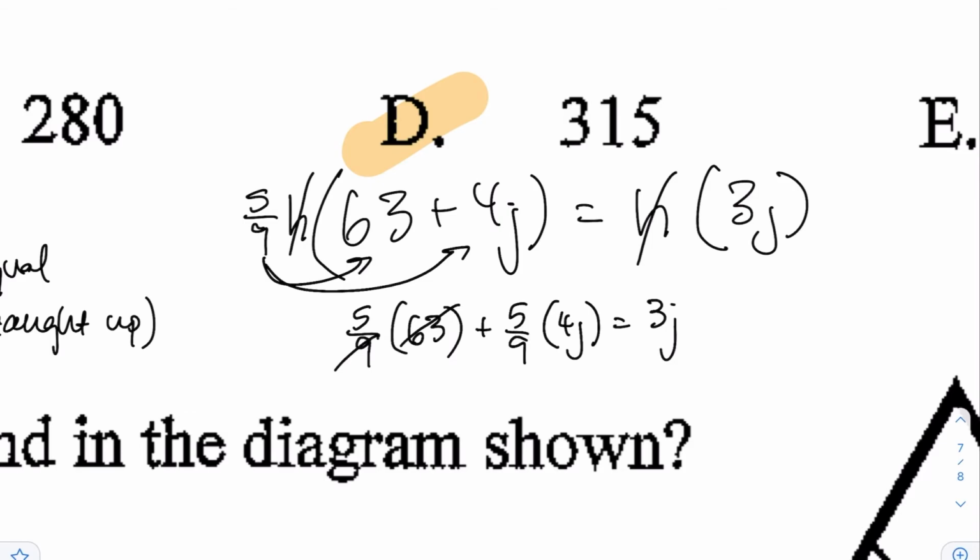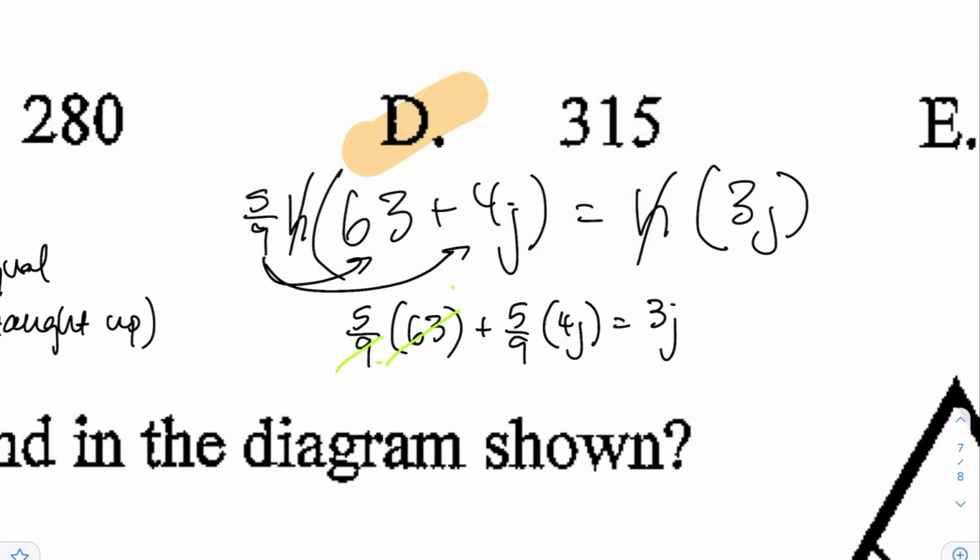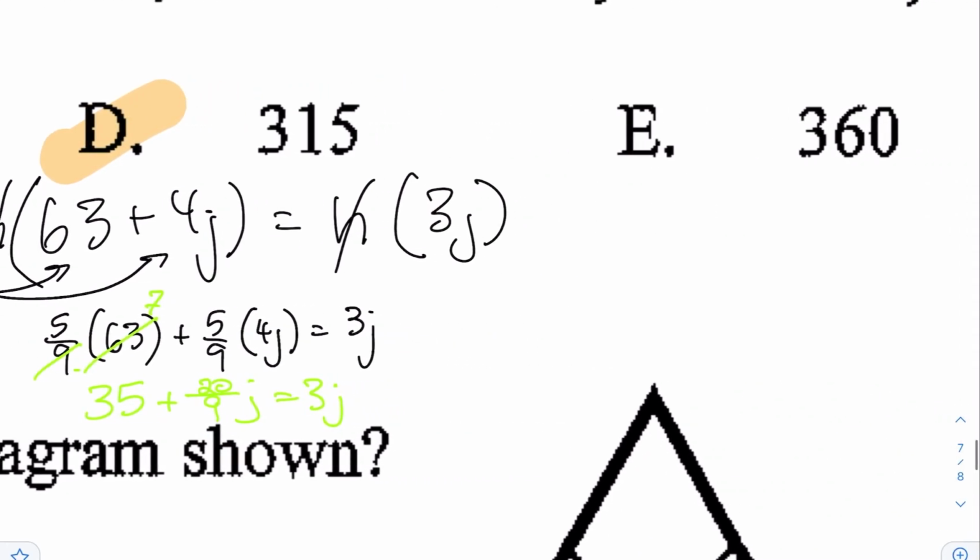So the 9 and the 63 cross cancel, and you have 7, so this will be 35. And here you have 20 over 9j is equal to 3j. You can move the 20 over 9j to the other side by subtracting.